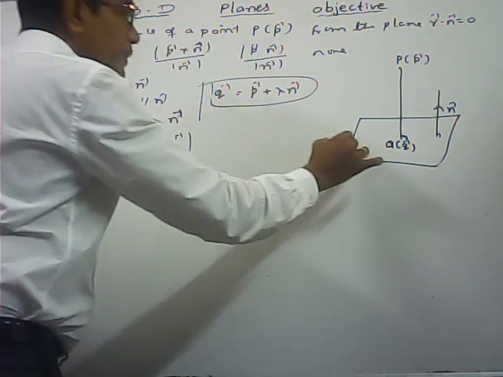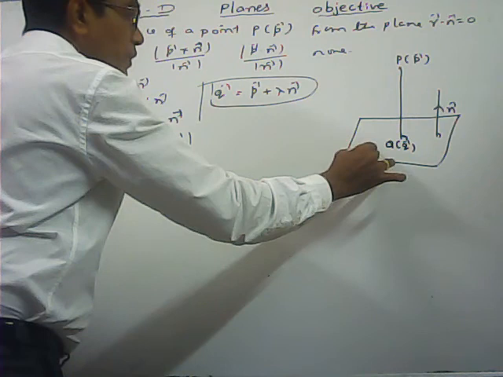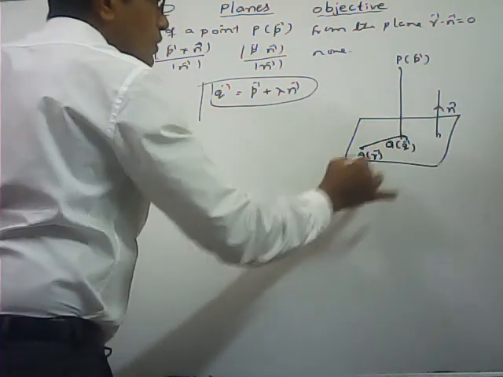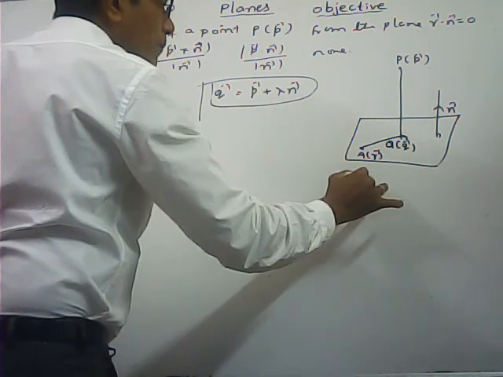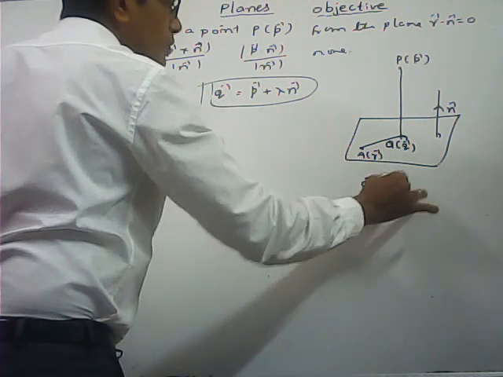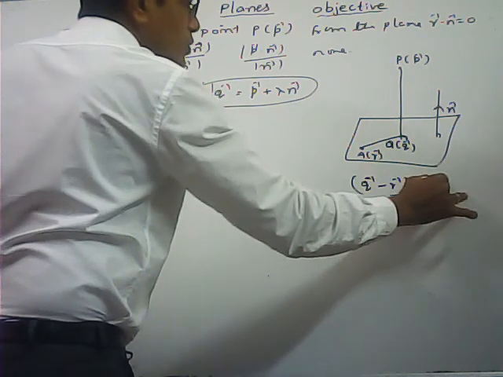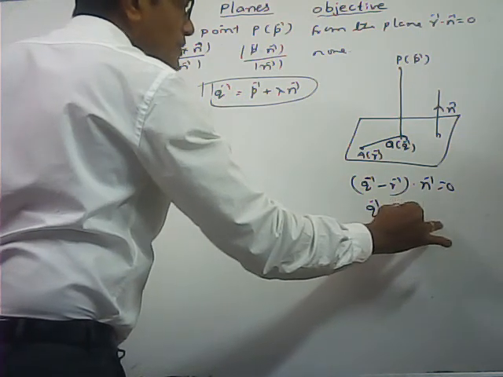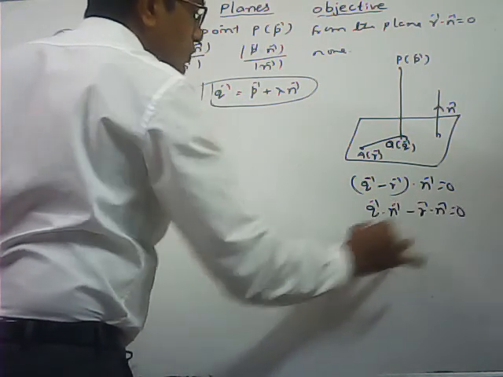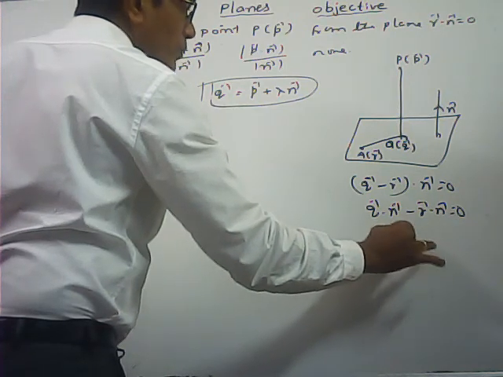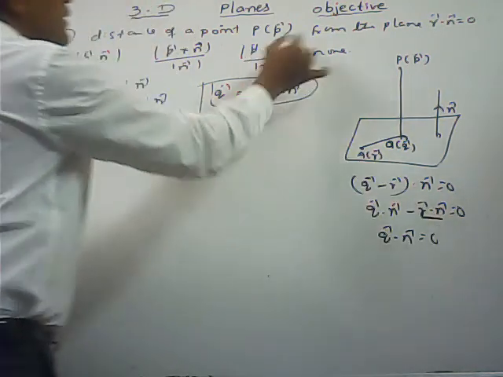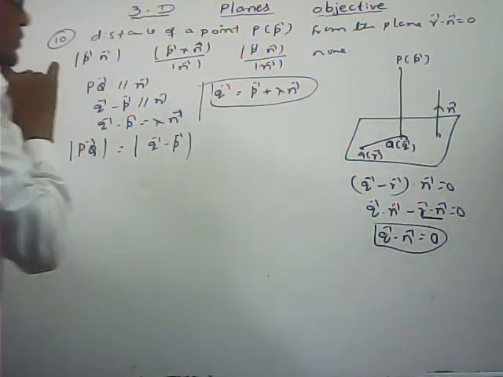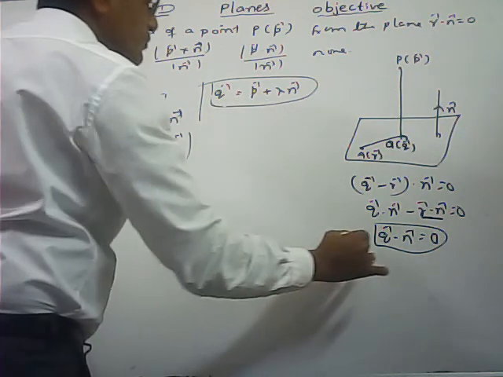Now here if I take any one point A whose position vector R bar, a variable point I am taking. Now here Q bar minus R bar dot N bar is equal to 0. Q bar dot N bar minus R bar dot N bar is equal to 0. Q bar dot N bar is equal to R bar dot N bar, already given, that is 0. So Q bar dot N bar equals 0. What about Q bar here?